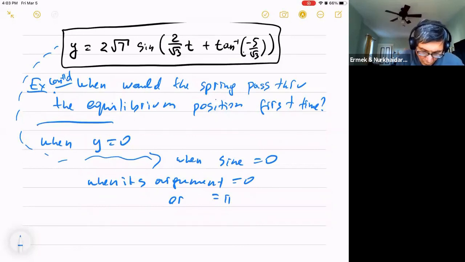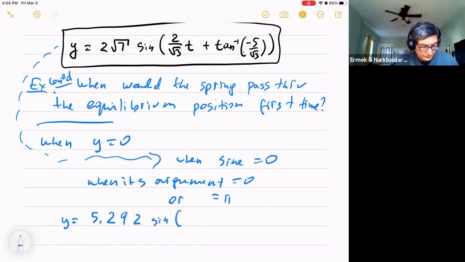So 5.292 sine(0.155 t plus 2 minus 1.237).